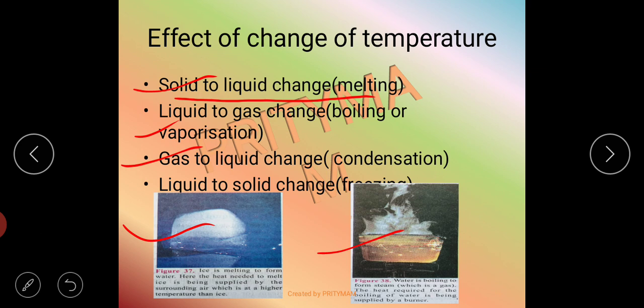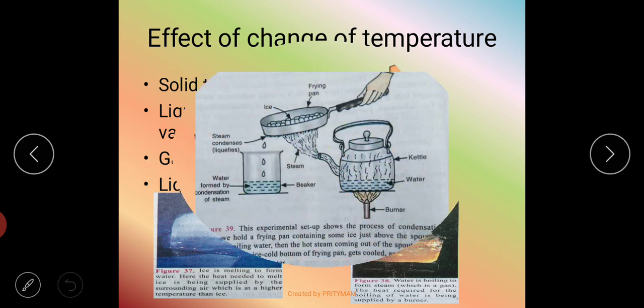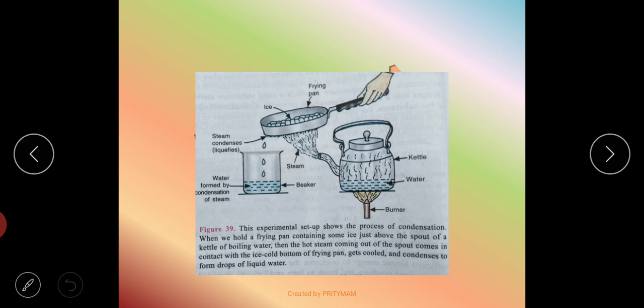When a gas is cooled enough by lowering its temperature, then its particles lose so much kinetic energy that they slow down, move closer together until they start being attracted to each other to form liquid. And condensation is the reverse of boiling.